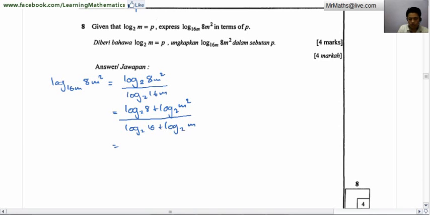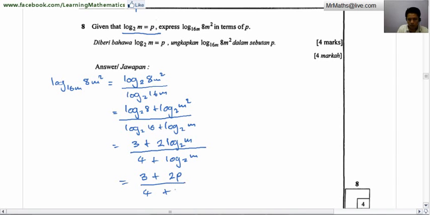Okay, log 8 to the base of 2 is 3, because 2 raised to the power of 3 is equal to 8, so it's 3, plus, and this we can manipulate it to become 2 log m to the base 2, over log 16 to the base of 2, that is 4, because 2 raised to the power of 4 is 16, so it's 4, plus log m to the base of 2. Okay, remember this. We just put it back into the equation, then it becomes 3 plus 2p over 4 plus p. So this is the answer.